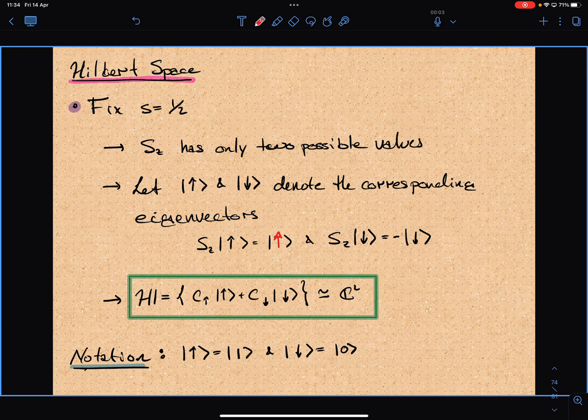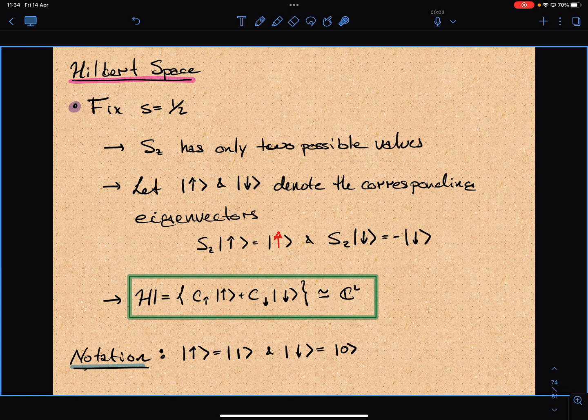So we have this operator, which is the operator related to measuring the spin in the c direction. And it can only be negative or positive. That means we have only two eigenvectors, and we denote these by upspin, which has eigenvalue 1 pointing up, and a downspin, which has eigenvalue pointing down.